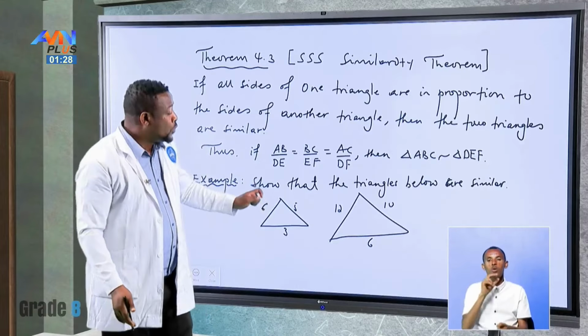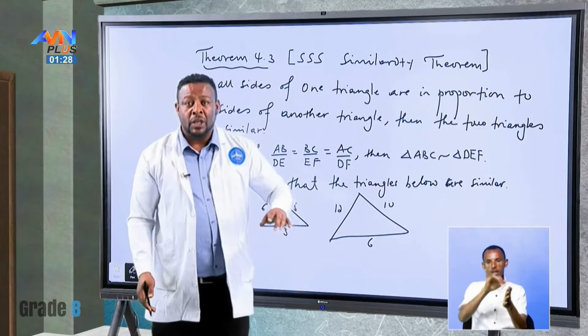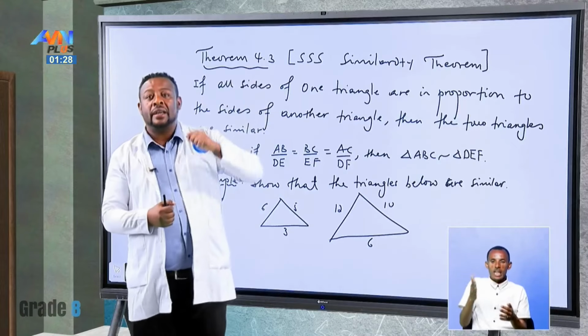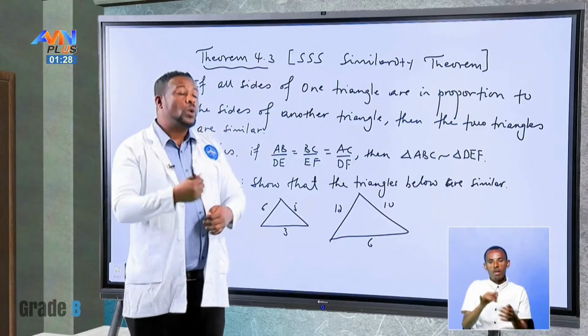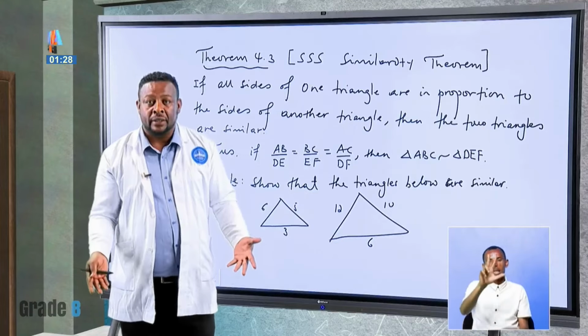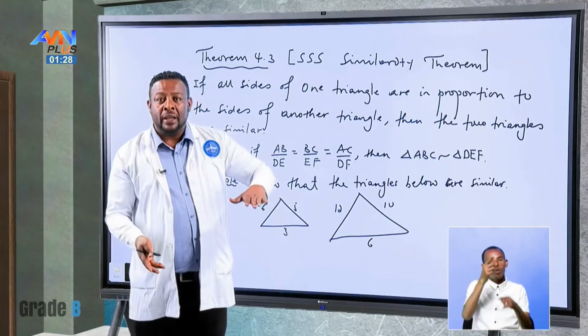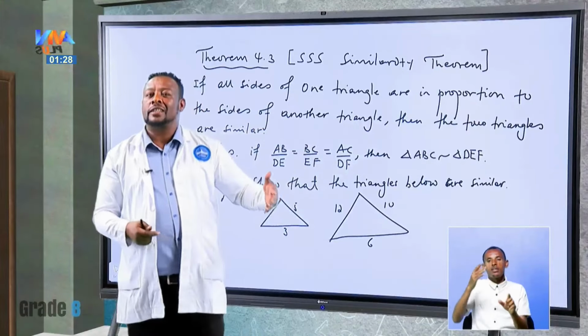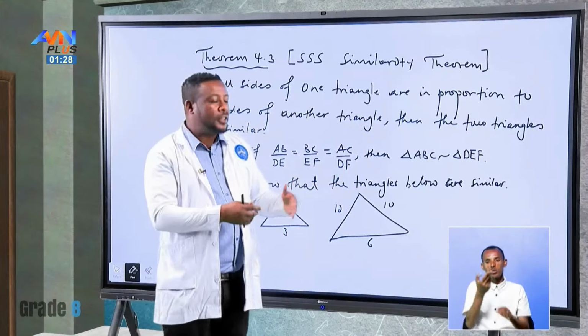Okay, to show the similarity of these two triangles, the theorem that we need to use is side similarity, right? Because we are going to compare the ratio of three sides, right? You cannot apply angle similarity or side angle side similarity that we used before, right?